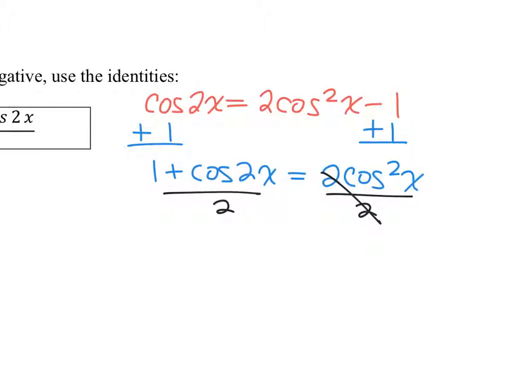But I'll take it a step further. Cosine squared x, I want to write that as 1/2 plus 1/2 cosine 2x.